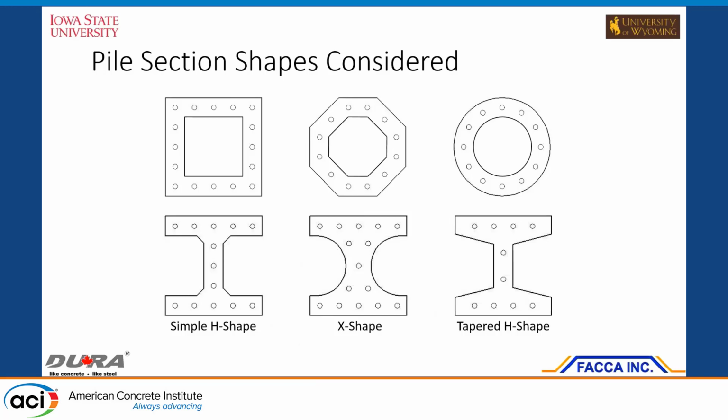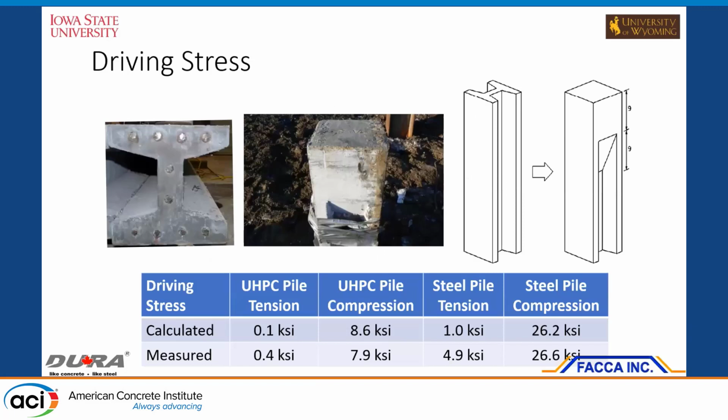Then we shifted gears and started to focus on other alternative shapes. We went through these iterations, as you can see. The last two we felt would be easier to do. For the initial investigation, we settled on the last section, which we call the tapered edge shape. These piles were designed and driven into the ground.